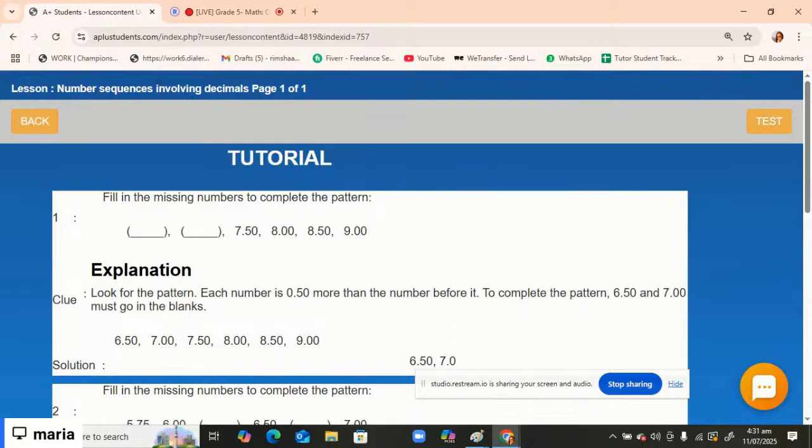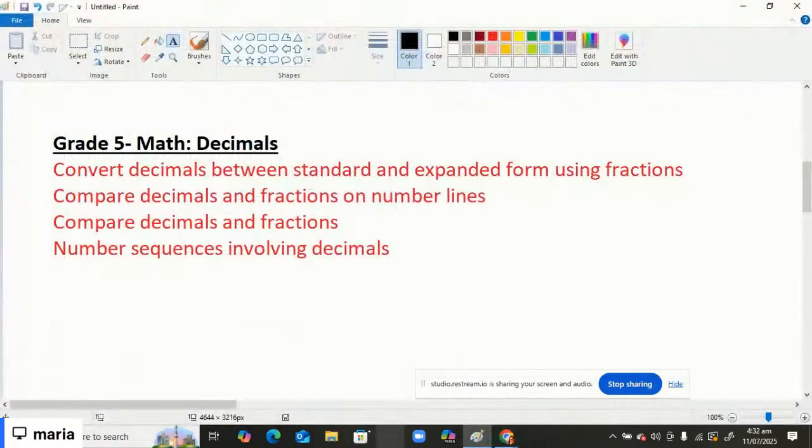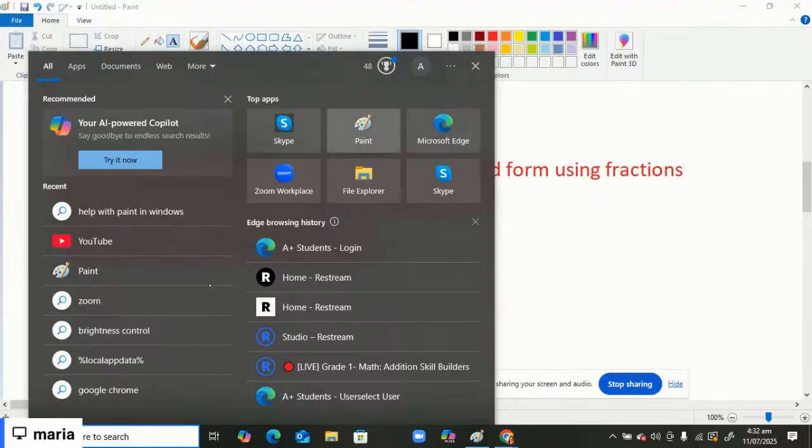Now look at here, when we see the pattern, this is 7.5, then 8, then 8.5, then 9. It means that 0.5 is added. Let me open the whiteboard.